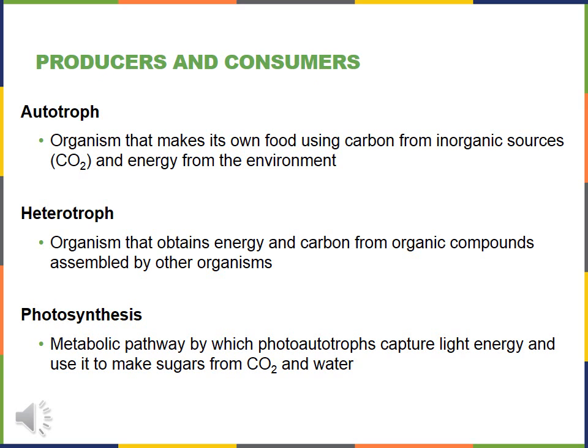As I mentioned, this slide is not in your textbook, but I feel you need to have some definitions before we move forward. Before we can talk about energy, we need to talk about one more type of classification of organisms. We classify organisms into autotrophs and heterotrophs. Autotrophs are organisms that make their own food based on energy coming directly from the sun.